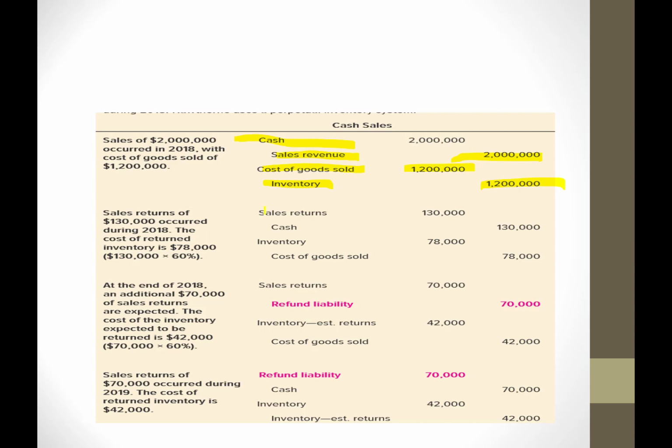And then if there's actual returns during the year, the company just simply debits the sales return and credits the cash and puts the inventory back into inventory, credits the cost of goods sold. But by the end of the year, remember, they have to make that estimate of what would still potentially be returned. Okay, so they go ahead and make that estimate, and they're saying that $70,000 is what they expect will still be returned, and of course that has a cost of $42,000.